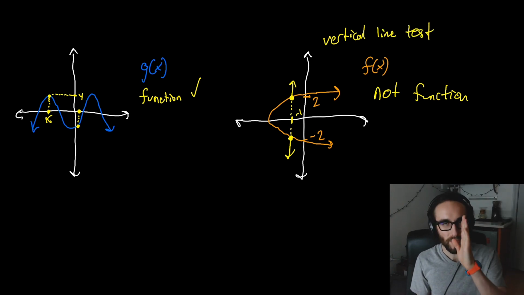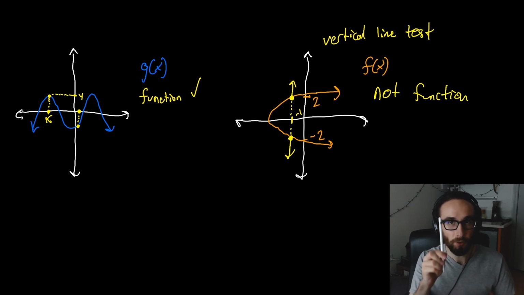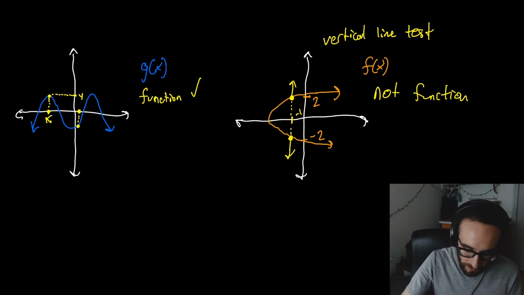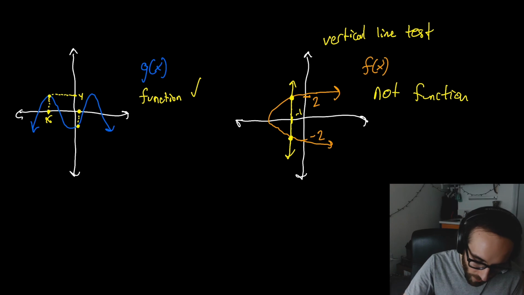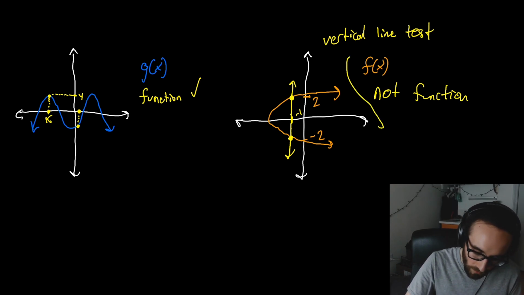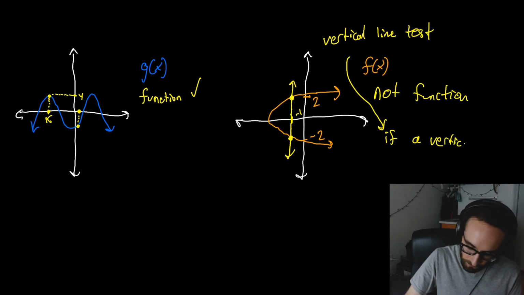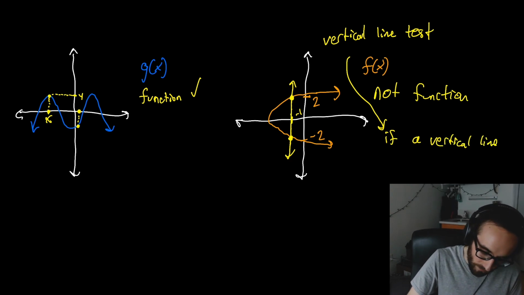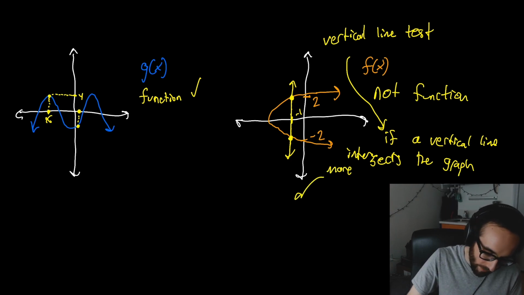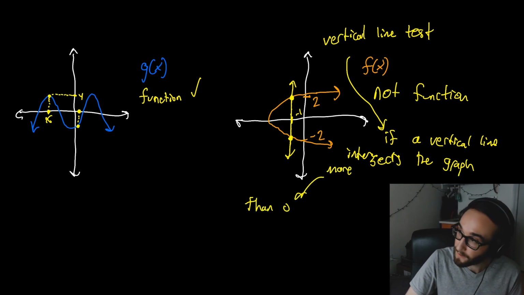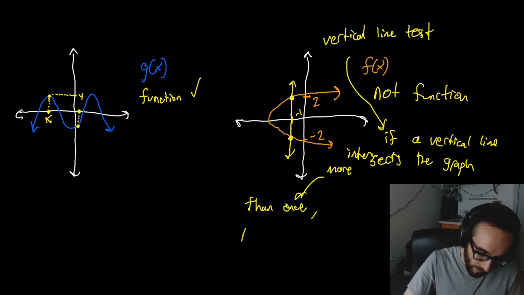In other words, if you take a vertical line, you could also just use your pencil, put your pencil up to the graph, and if it intersects the graph more than once, then it's not a function.